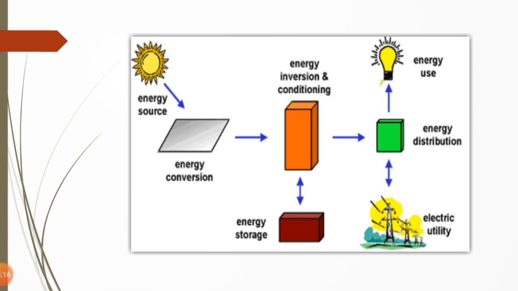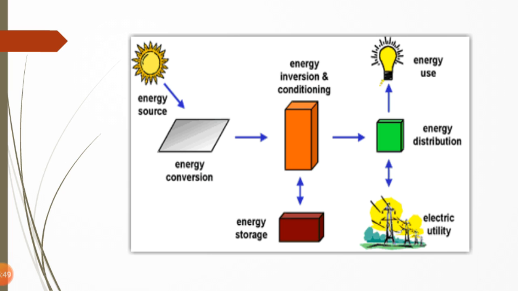This is one of the same. First is the energy source, that means our sun, and after that there is an energy conversion. Energy conversion means there is a solar array which converts the light energy coming from the sun into electricity. After that there is energy inversion or conditioning, which means there is an inverter or converter, and if we have a larger amount of energy than the requirement, then we can store it in the battery.